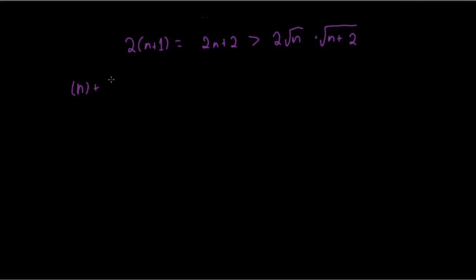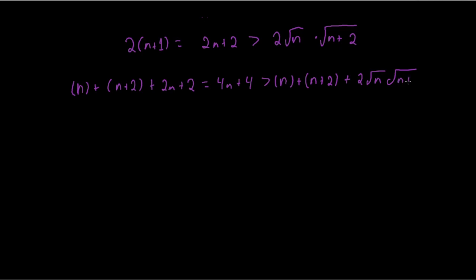So n plus 2 plus 2n plus 2 is equal to 4n plus 4, which is bigger than n plus n plus 2 plus 2 square root of n square root of n plus 2.